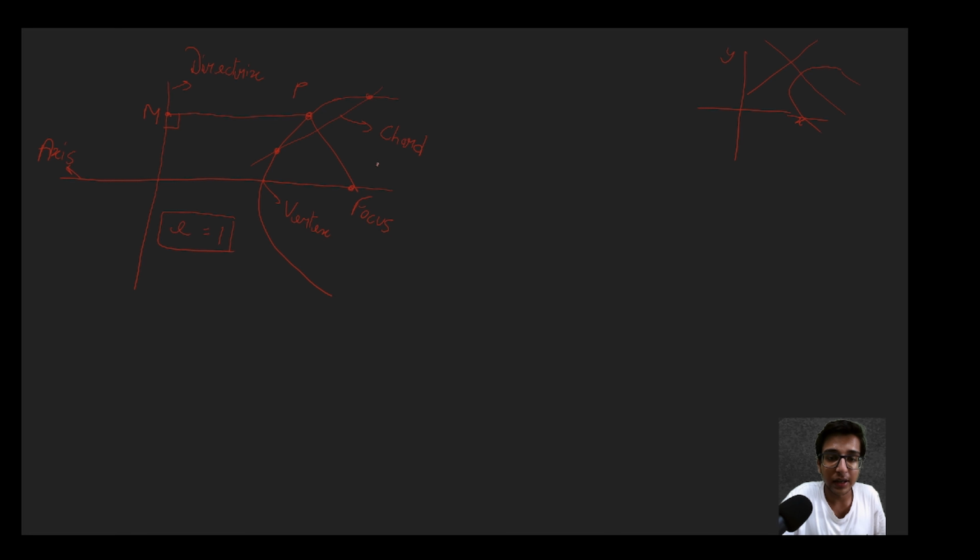Now again, this chord can be perpendicular as well. I'll draw a new shape to make it more clear. Let's say this is our parabola, and this again is our chord, since it is cutting the parabola at 2 points. And if it is perpendicular to the axis, then we call this a double ordinate.